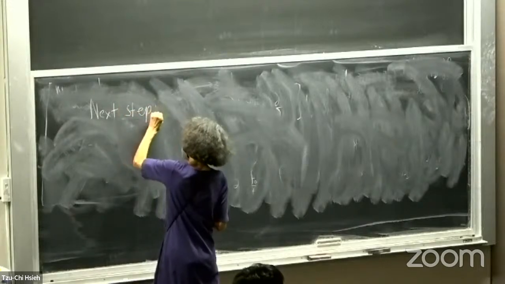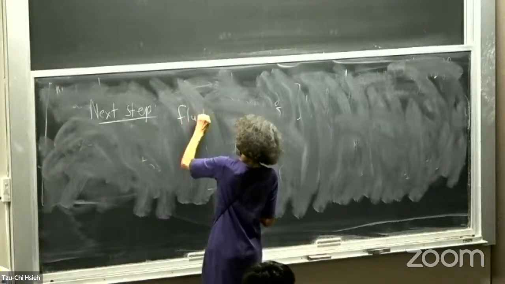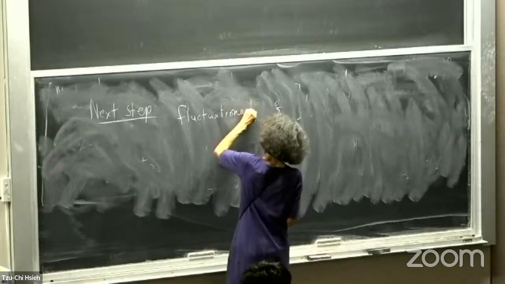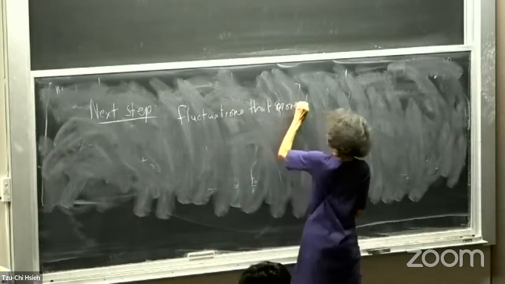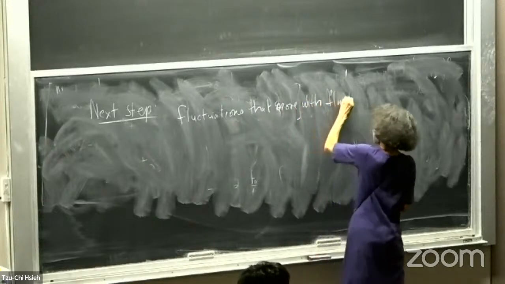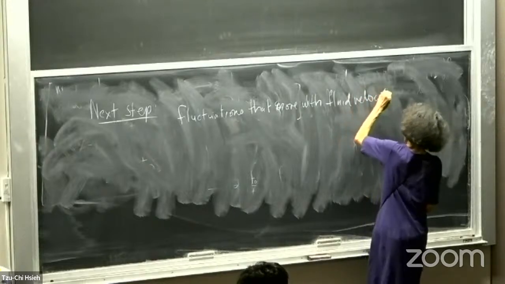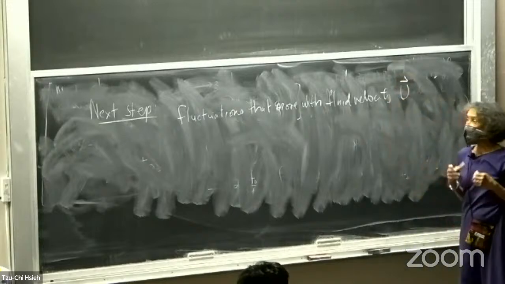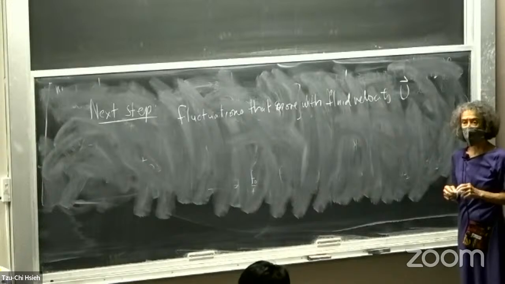So the next step will be fluctuations that move with the fluid velocity u. We don't have time to go through it today. Yeah, question.